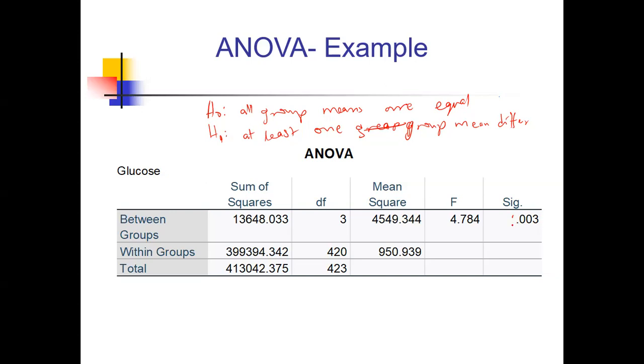Okay, so let's go ahead and see how this is interpreted. Just as always, you focus on the significant value first, right? If the significant value is greater than 0.05, you fail to reject the null hypothesis. If the significant value is less than 0.05, you reject the null hypothesis, right? Okay, so now it is less than 0.05, which means we are going to reject the null hypothesis. So we could say we reject the null hypothesis, or you can just write H naught, we reject the null hypothesis.